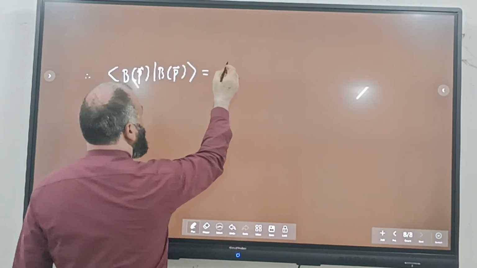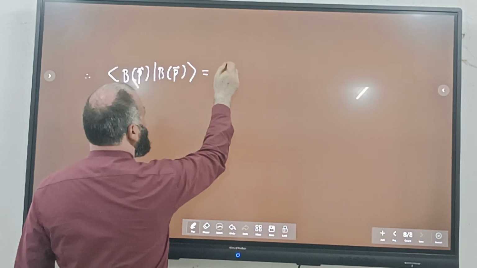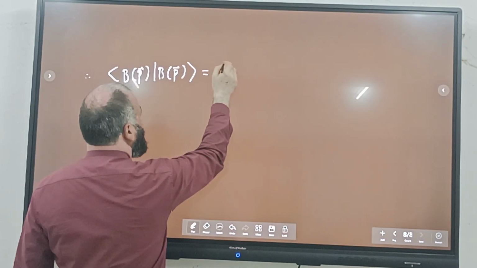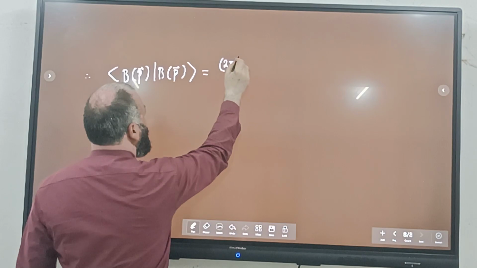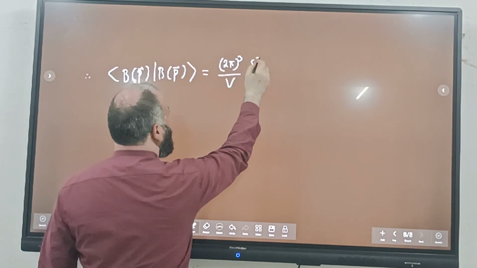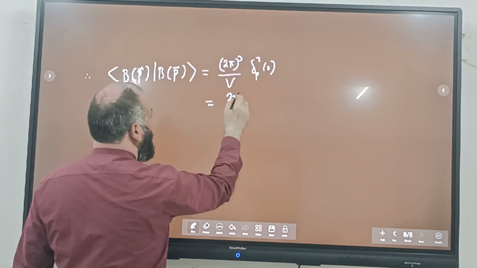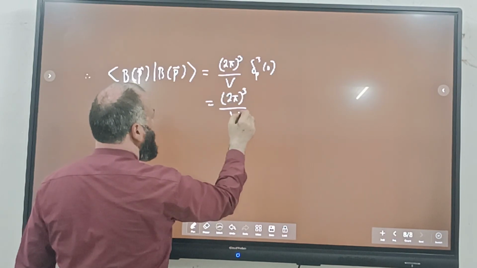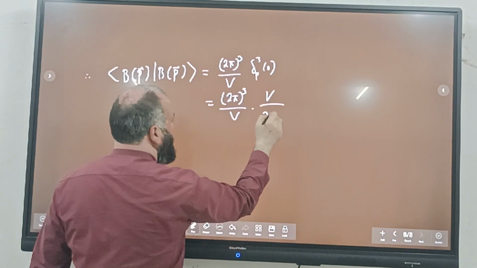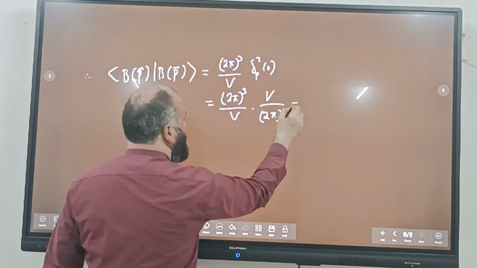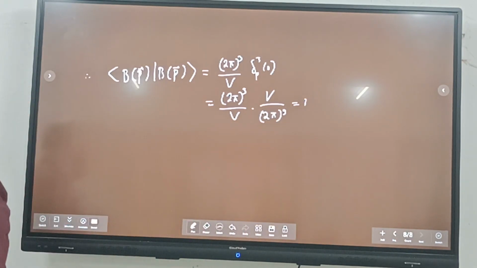It was something like (2 pi)^3 by V delta 3 of p, 0. So that is equal to (2 pi)^3 by V times V divided by (2 pi)^3. Now what you got? It's equal to 1. Now it's normalized. So you now have the normalized state.